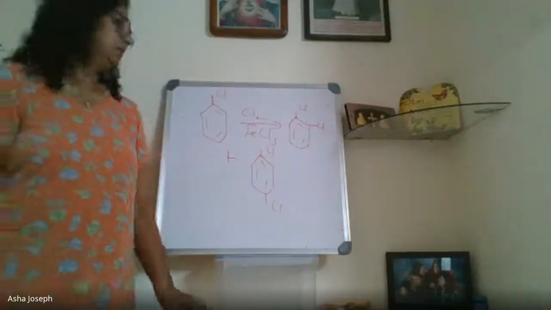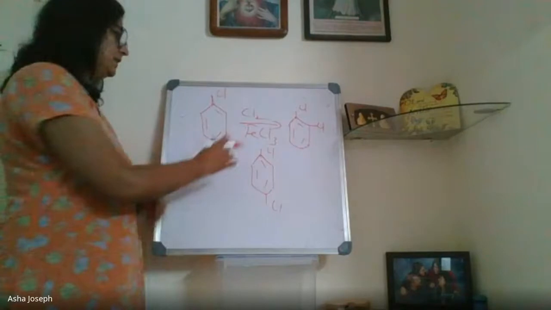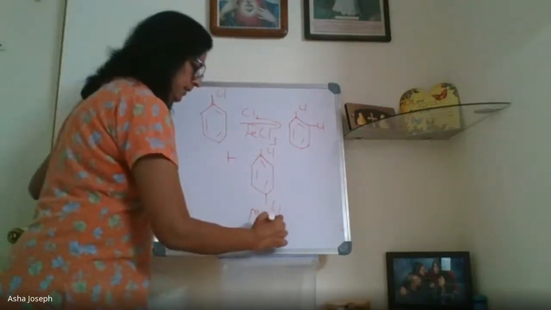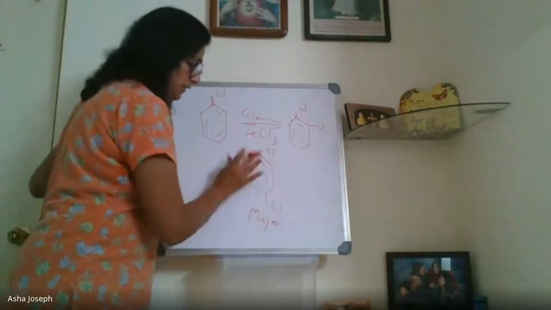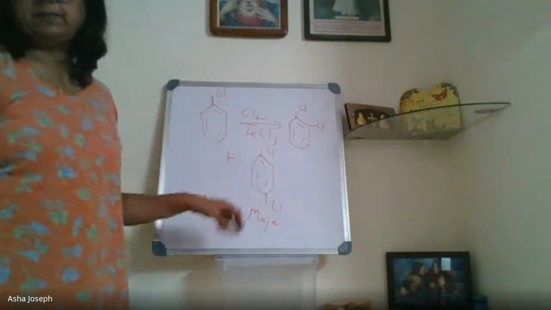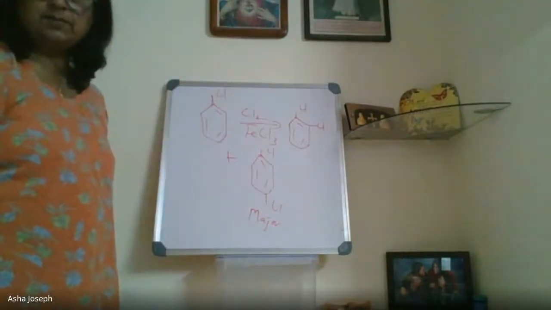Yes, that is para will be major, because it is away from this, no? So major will be para, major product. Minor is this. So para will be formed in more percentage. Understood? Why is it like that? Clear now? Why is it major?